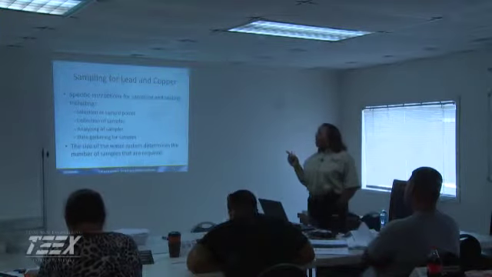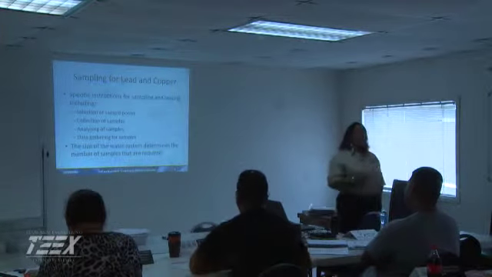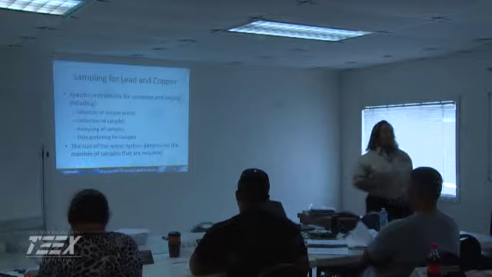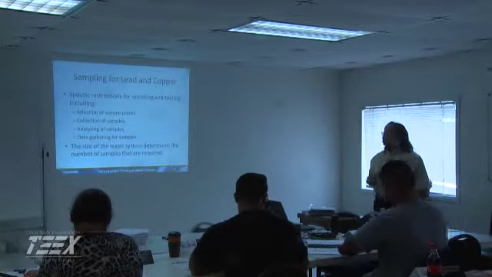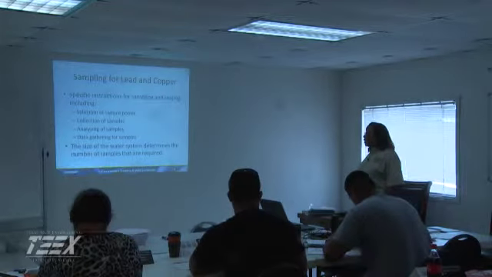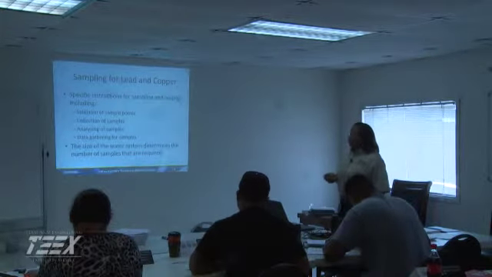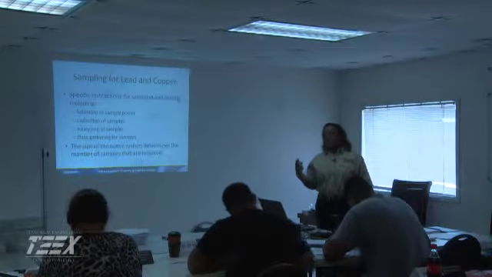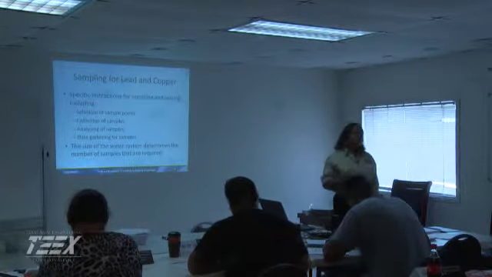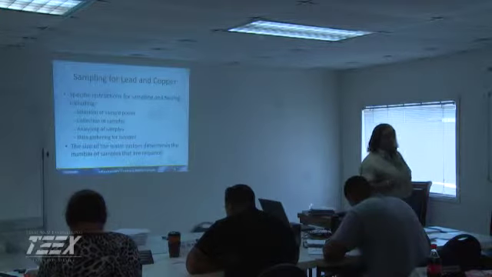With lead and copper, analyzing the samples, you've got to send it to a certified lab, which is usually the state lab or an approved lab to run the analysis. Now the size of your water system, as we talked about with coliform, will determine the number of samples that are required.